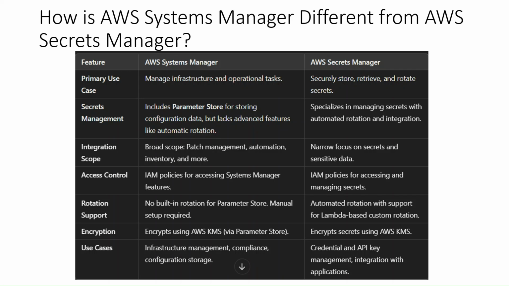Next, system manager includes parameter store for storing configuration data but lacks advanced features. Whatever advanced features are lacking in parameter store exist in secret manager. Next is scope. System manager has broad scope, that is patch management, where patches are nothing but security updates, automation, and inventory. Secret manager has a narrow focus on secrets and sensitive data only.